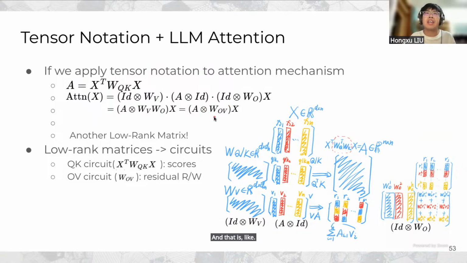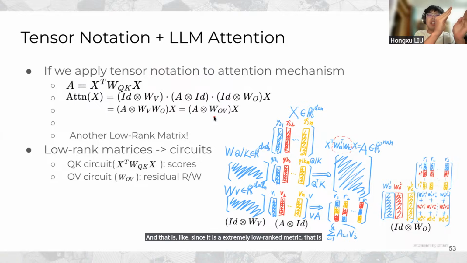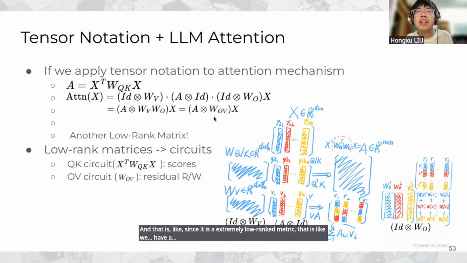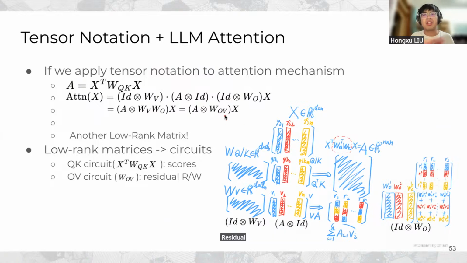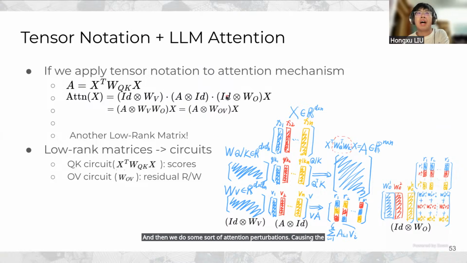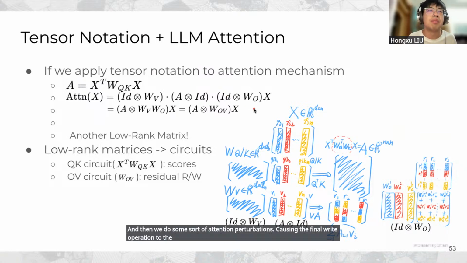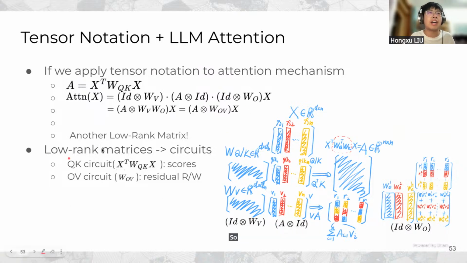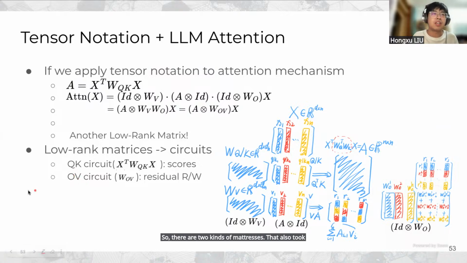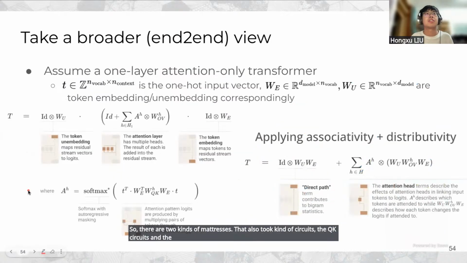Since it is an extremely low rank matrix, we have a linear subspace of the residual stream that is read and written. And then we do some attention permutations, causing the final write operation to the residual stream. So there are two kinds of matrices, also two kinds of circuits, the QK circuits and the OV circuits.